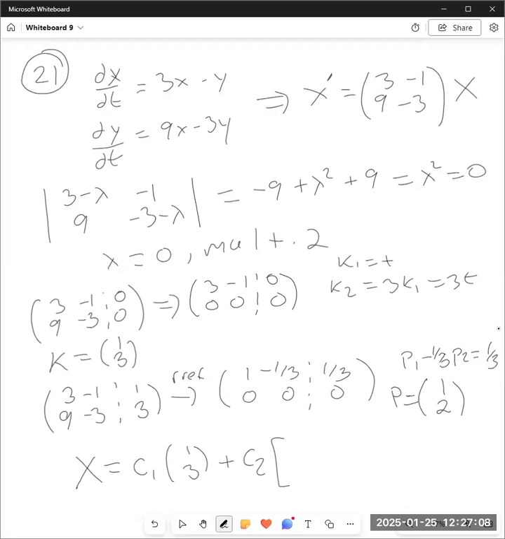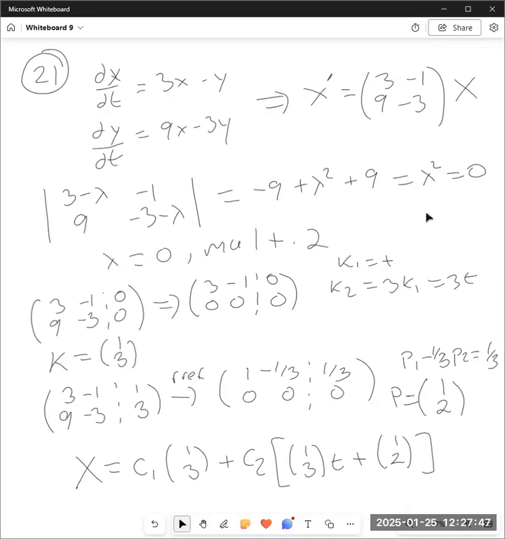I'm going to take K again, and this is going to be times T e to the lambda T. So this is T times (1, 3), so that's just T, plus P, and then that would be e to the lambda T, but that's e to the 0, so that's just that there. So there we go. That's our first one. Hopefully that's a nice warm up for what we're going to be doing.